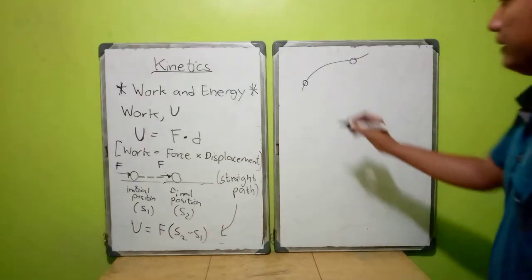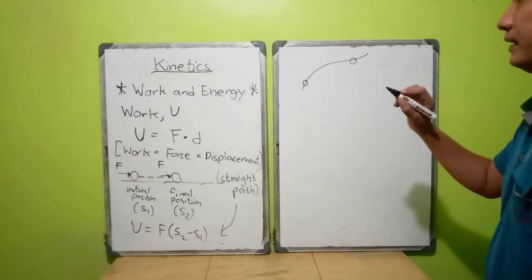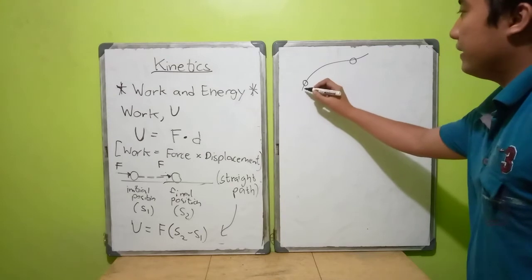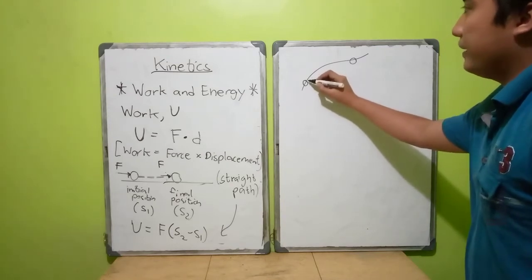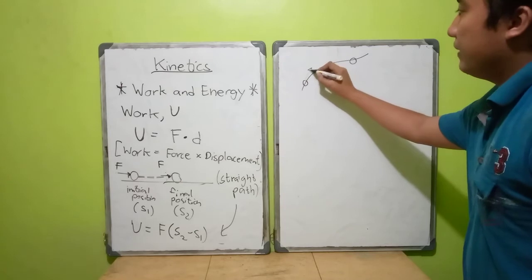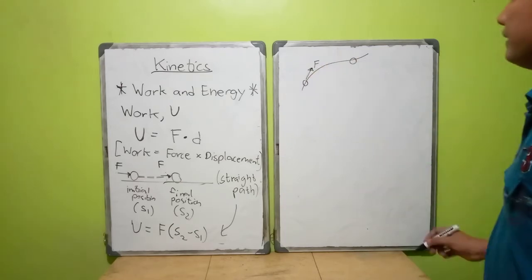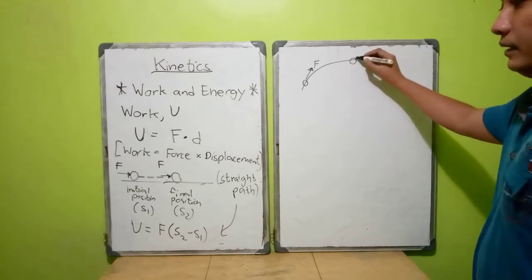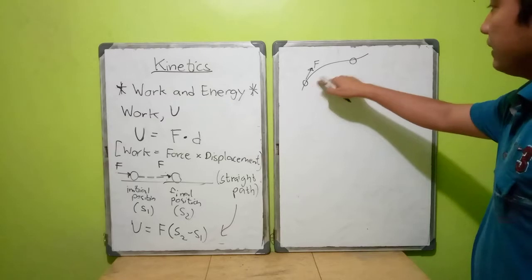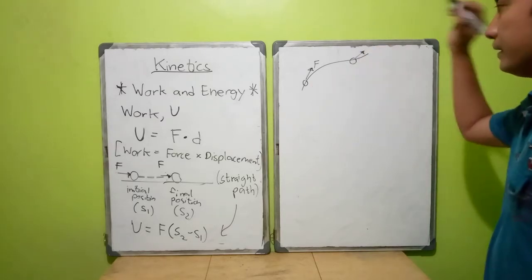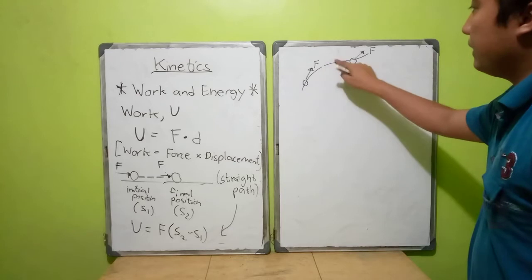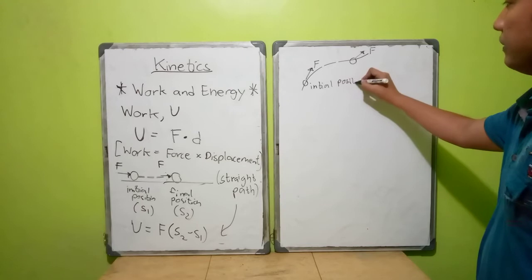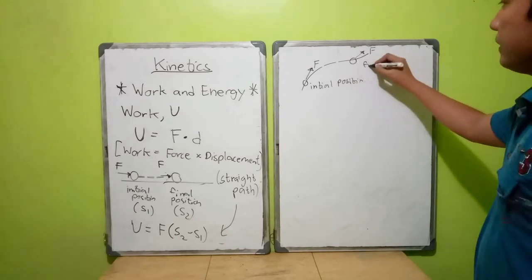Let us say you have an initial force here, then eventually this force makes you travel in a path which will end up like this. Let us say this is your initial position, and this is your final position.